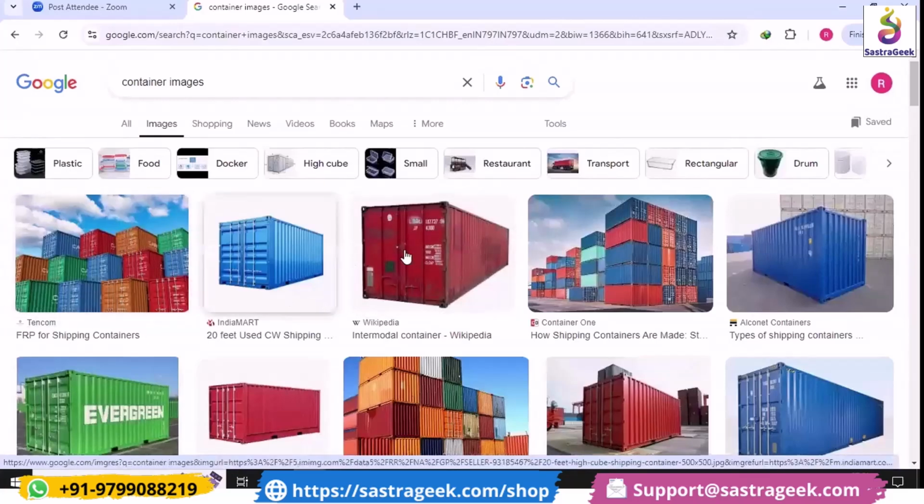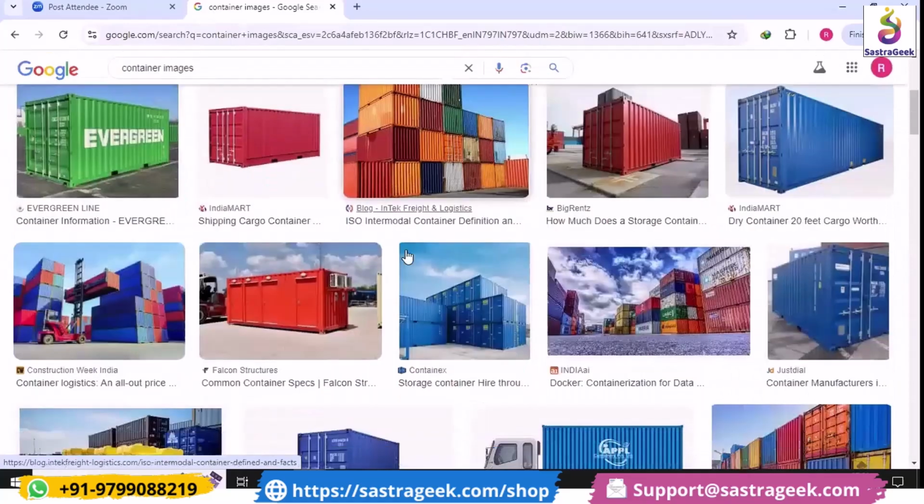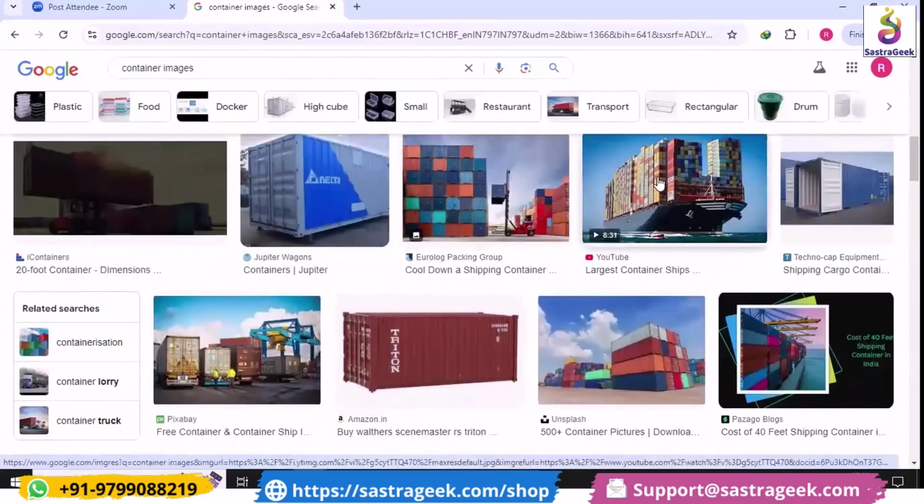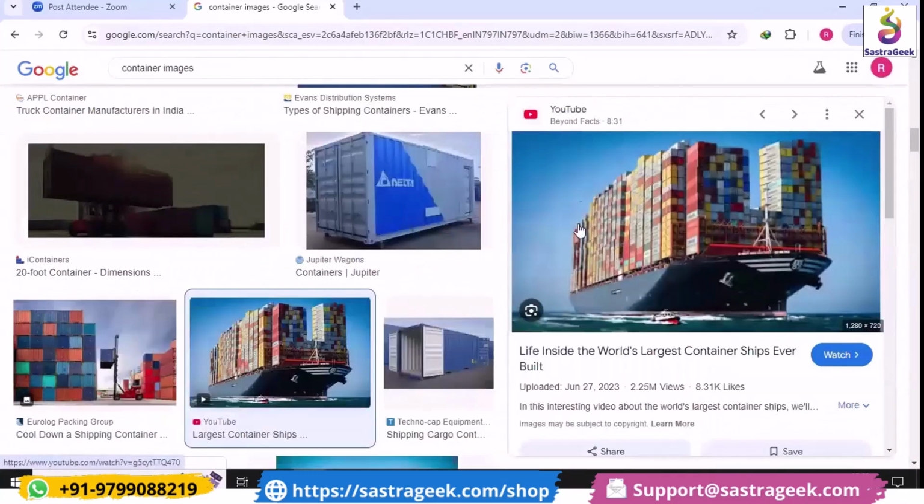The big heavy iron containers, which are basically loaded onto something like this. So you mean wherever the containers are, eventually it is ocean transport.